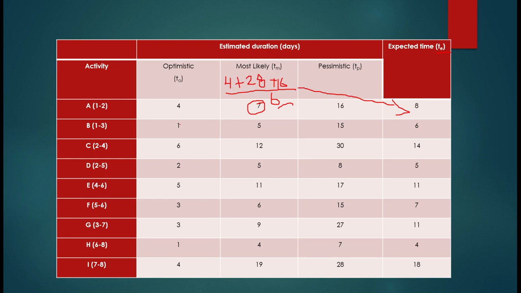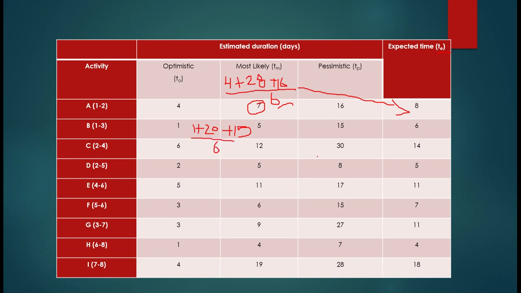Similarly, we have applied the same formula for each of the activities, right? I'll just show you one more activity. 1 plus 5 fours are 20, plus 15, divided by 6.